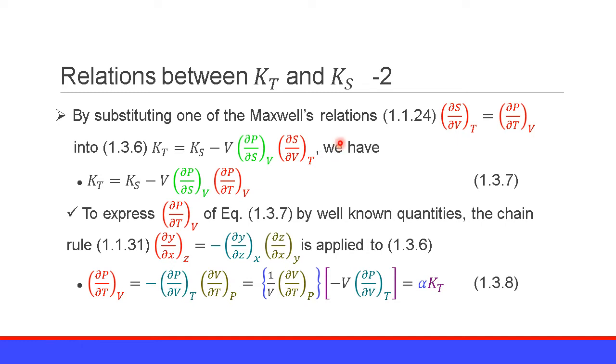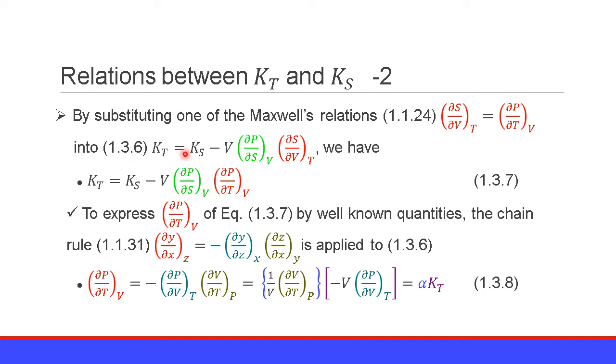by well-known quantities. Then we substitute one of the Maxwell's relations, 1.1.24: the partial derivative of the entropy S with respect to the volume V at constant temperature T is equal to the partial derivative of the pressure P with respect to the temperature T at constant volume V, into equation 1.3.6.